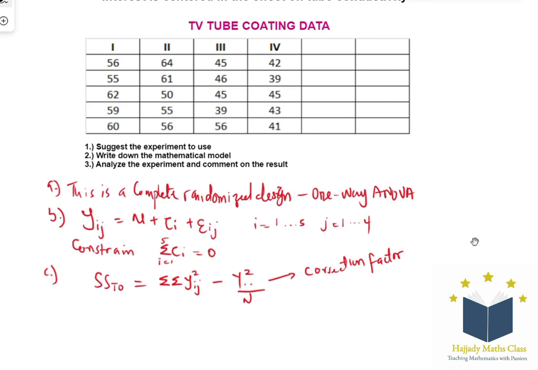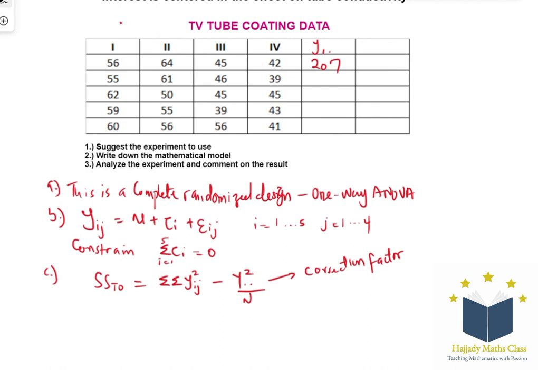Now, calculating this, we need to know the grand total, y dot dot, and the grand mean. Here, I'm going to have yi dot, which is the sum of the rows, the treatments. Summing this row-wise, I'm going to have 207.